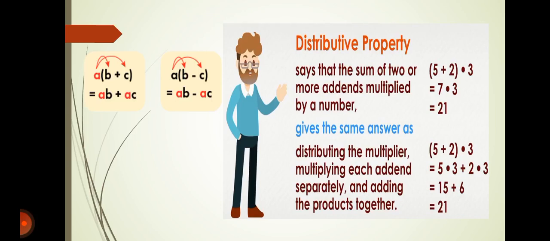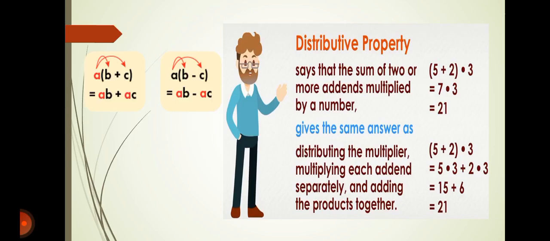We look at the example. It is 5 plus 2 in the bracket, which are multiplied by 3. So 5 plus 2 when added gives us 7 times 3, which is 21. Instead, what we do is we split the things, that is we do 5 times 3 plus 2 times 3, which gives us 5 times 3 is 15 and 2 times 3 is 6.